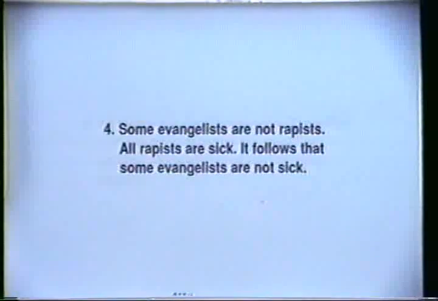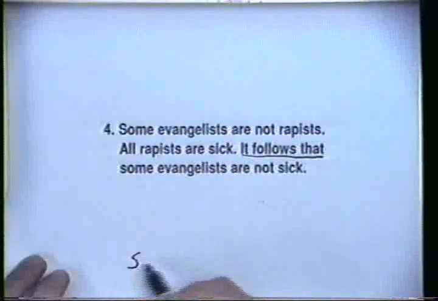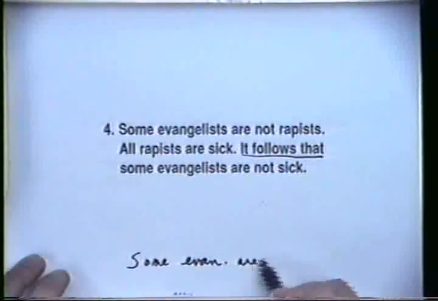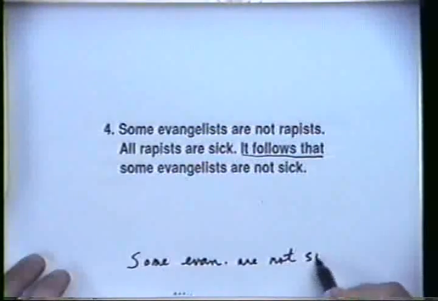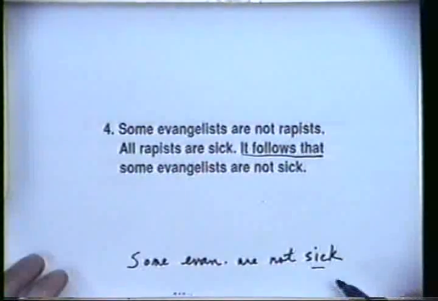Here's another one. 4. Some evangelists are not rapists. All rapists are sick. It follows that some evangelists are not sick. It follows that is a conclusion indicator, and so some evangelists are not sick is the conclusion. That makes sick, the predicate term of the conclusion, our major term.